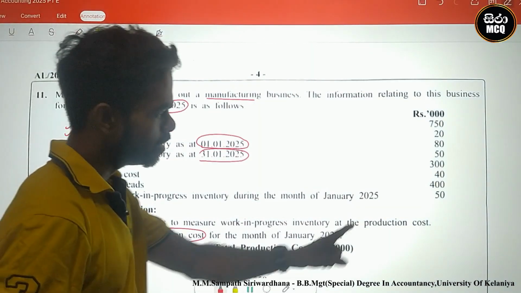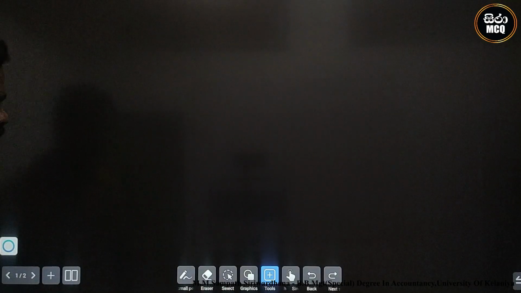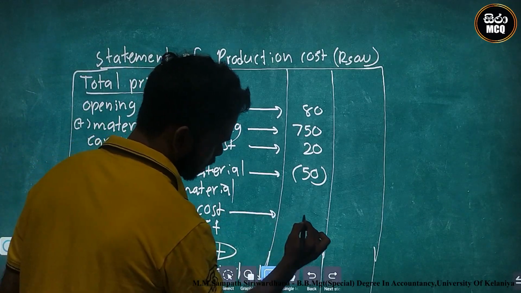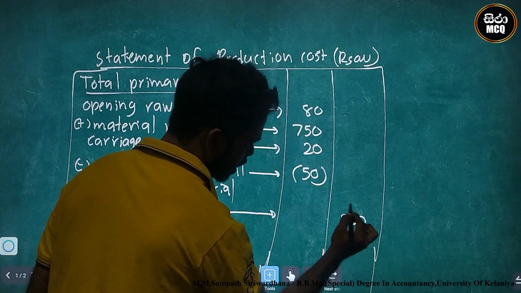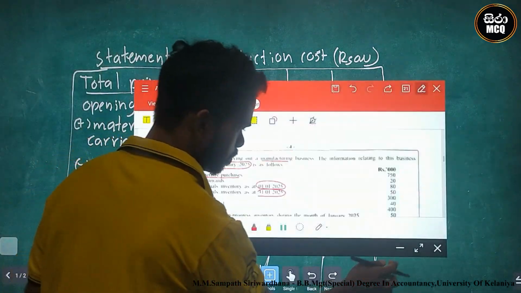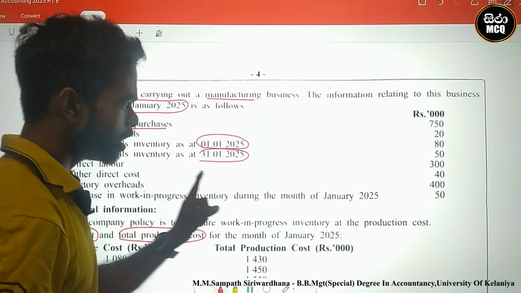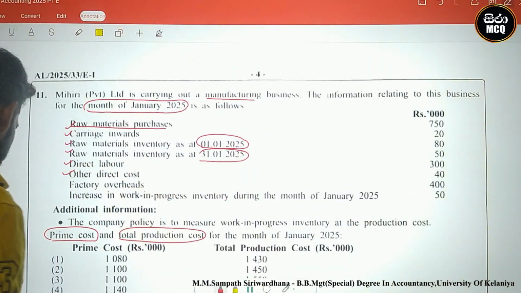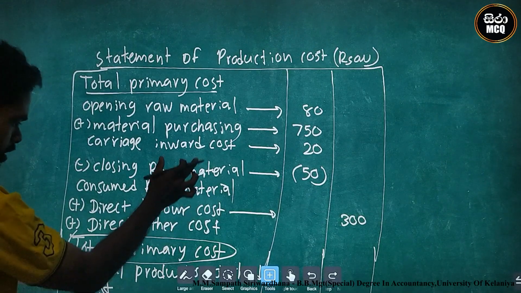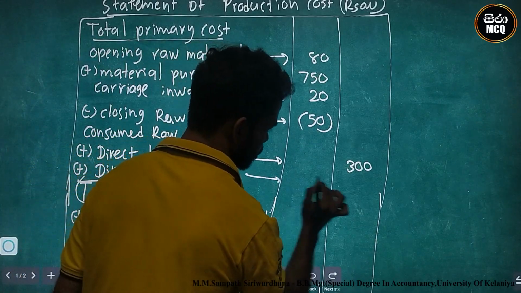Direct labor cost 300. I entered it in the second row. Next one, second column: other direct cost 40.